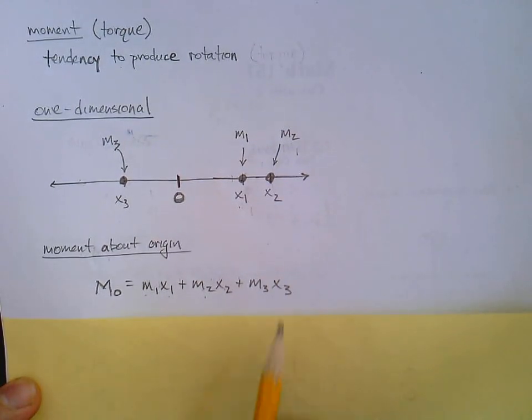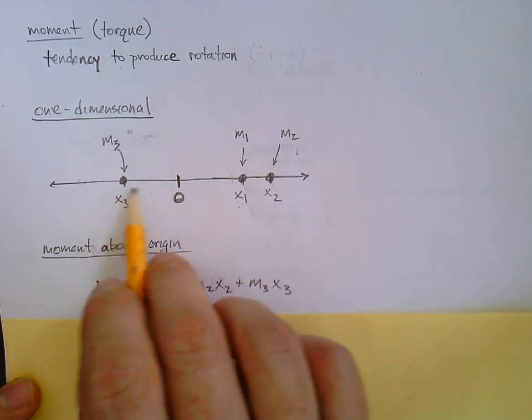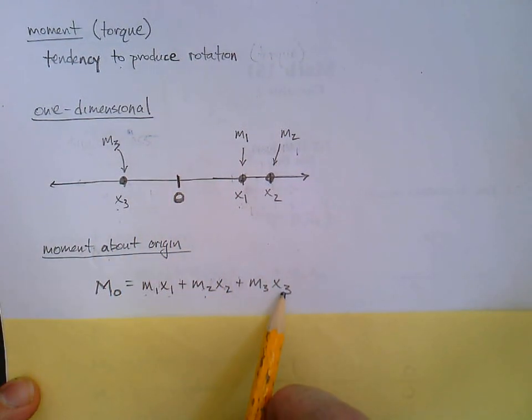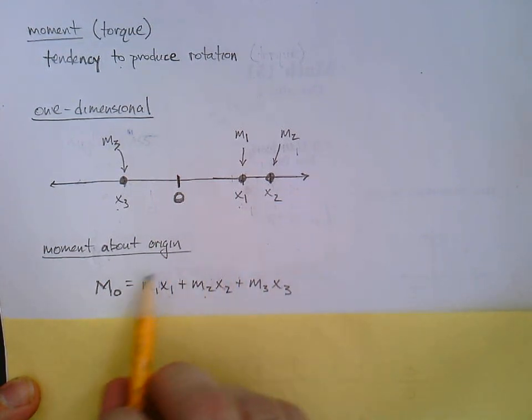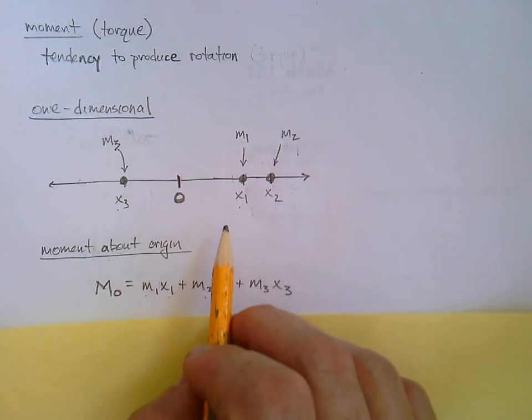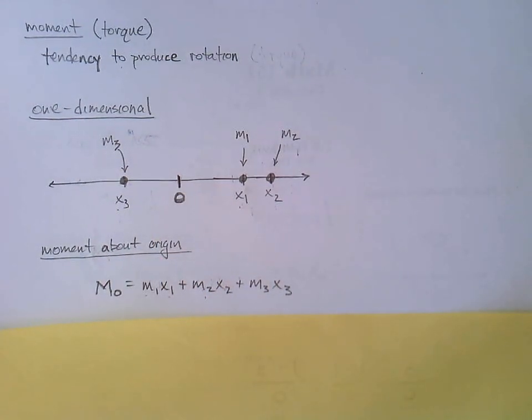You might think, wait a second, what if some are on the other side? Then x3 would be negative, and that negative x3 would balance out some of these other ones, or maybe go beyond what these other ones are adding up to. But the sum of all of those masses times their distance would tell you how this thing might spin about the origin.